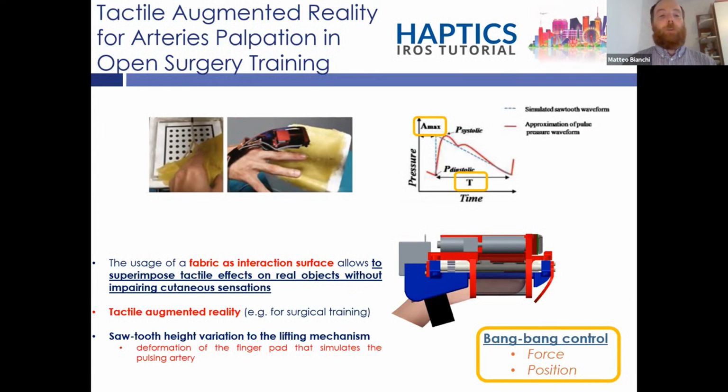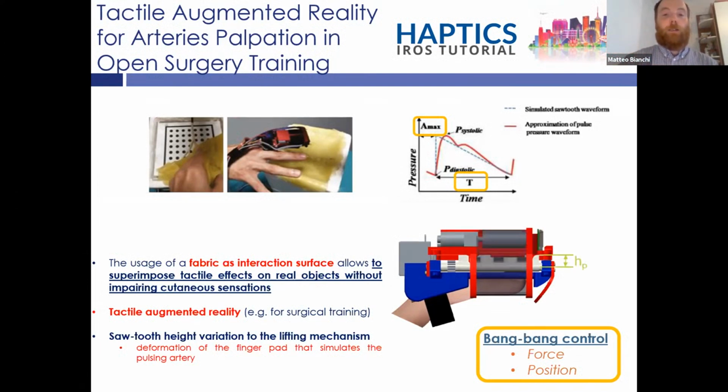So to do this, we control our system to induce a sawtooth variation for the lifting mechanisms, in order to induce the deformation of the finger pad that simulates the pulsing artery.